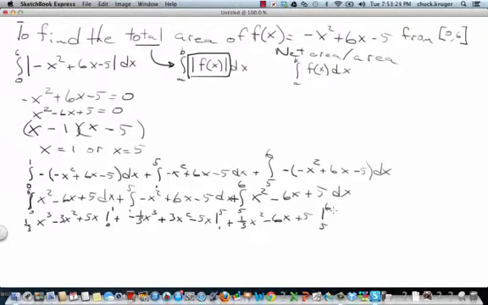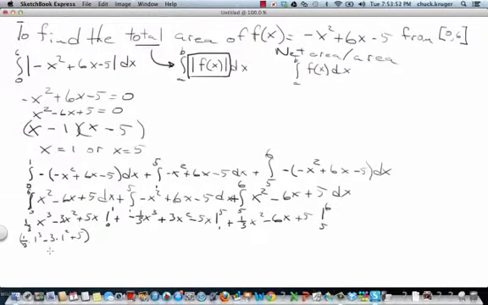Alright. So I'm going to put 1 in here, and I'm hoping that when I put 0 in here, I'm going to get 0. So whatever my value is when I get 1 minus 0, it's going to be just that value. So I'm going to have 1/3 times 1 cubed minus 3 times 1 squared plus 5, and I'm going to forget the 0.